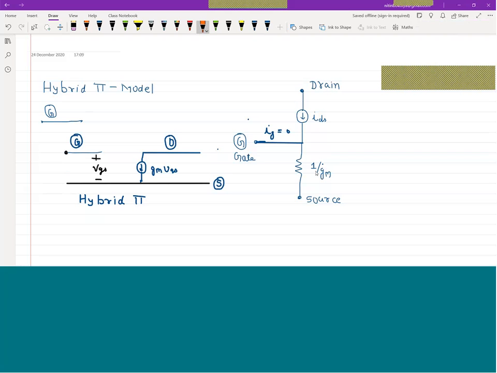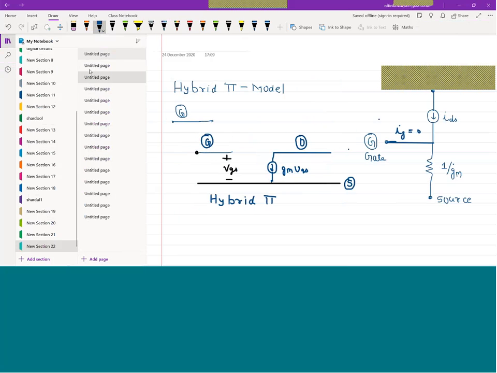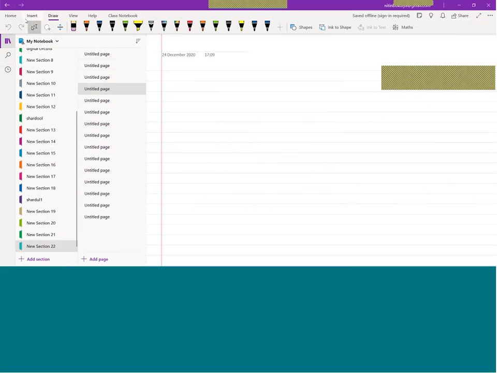So let's start. We have one circuit: common source with source resistance. I am using one more additional resistance, which is the source resistance. So let's draw the small signal model for common source with source resistance.